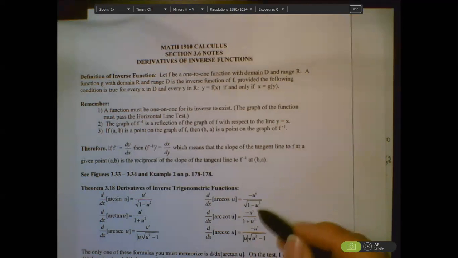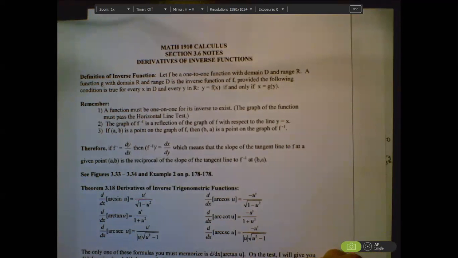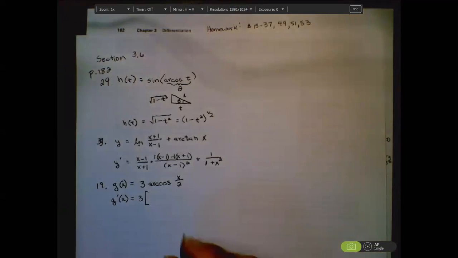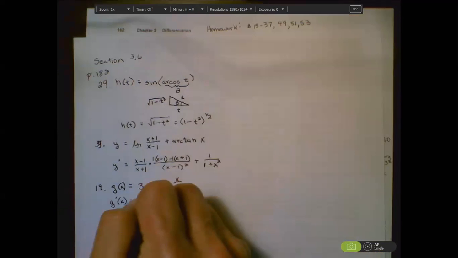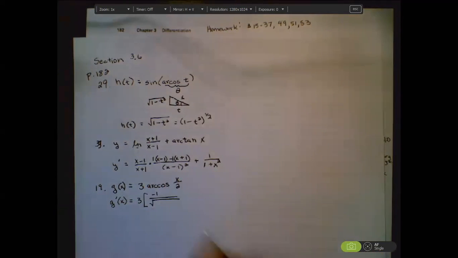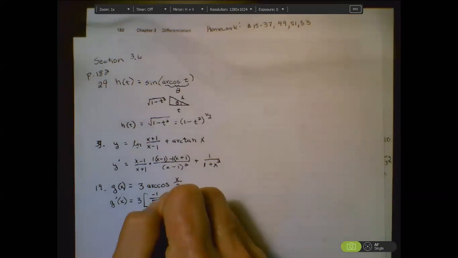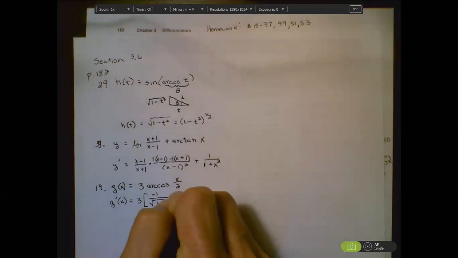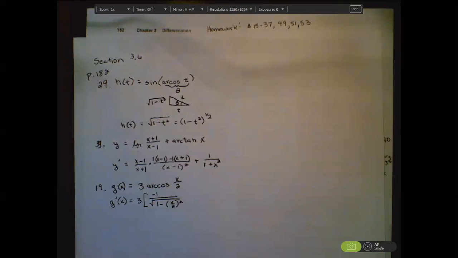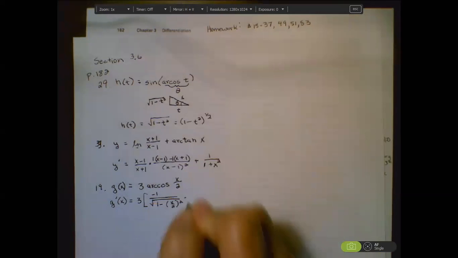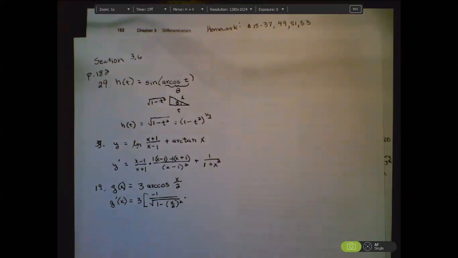The derivative of the ugly just ends up in the numerator. What's the derivative of the ugly there?